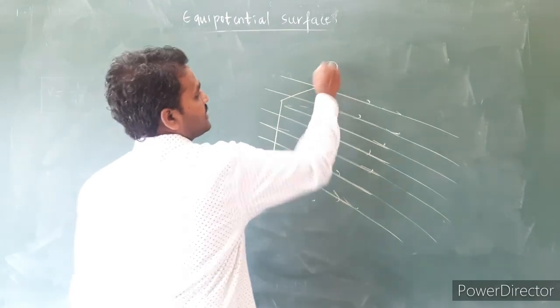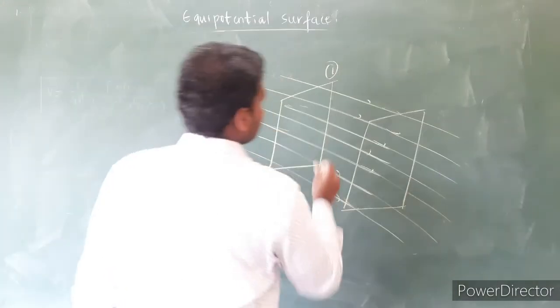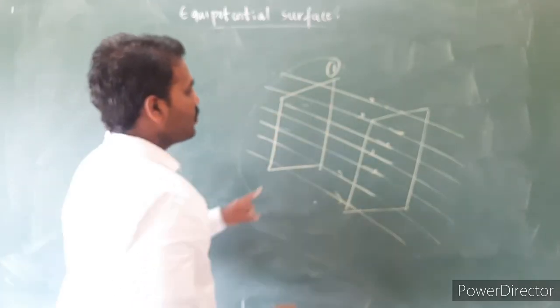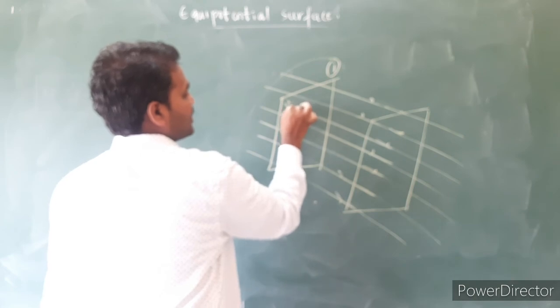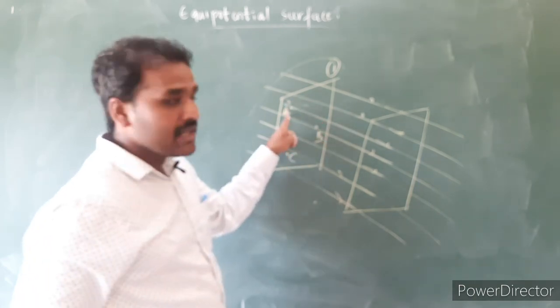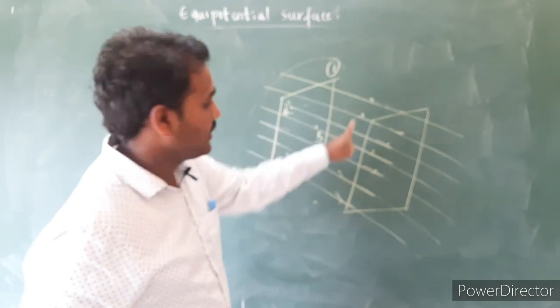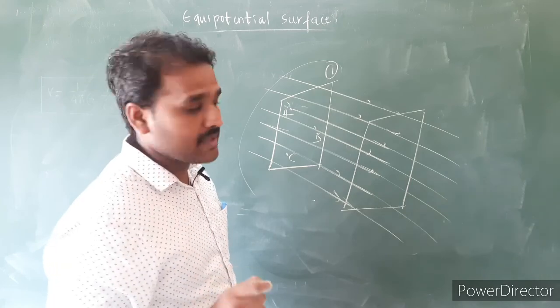Okay. So, let me call this surface number 1. So, let this be surface number 2. All over this surface number 1, if I consider this is point A, this is point B, and this is point C here, at every point on surface 1, the electrostatic potential will be the same.